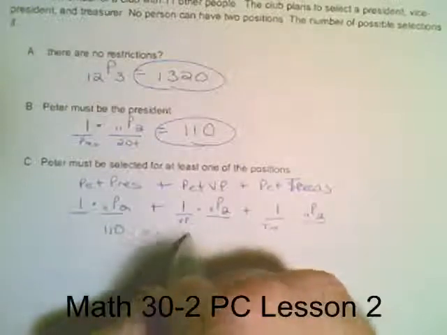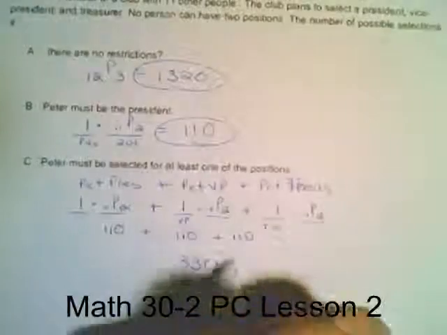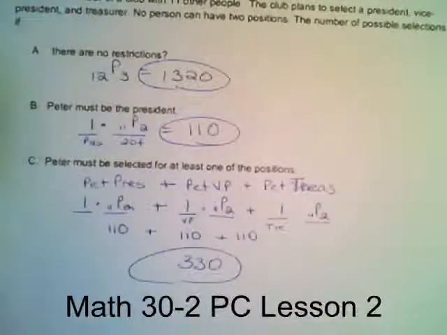I've got multiple cases, this or this or this. In that case, I've got to add my different cases together. So in each one I get 110 plus 110 plus 110, or 330 possibilities. And that's my options there.